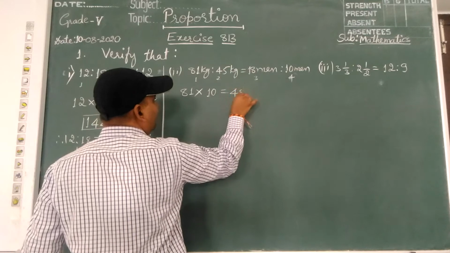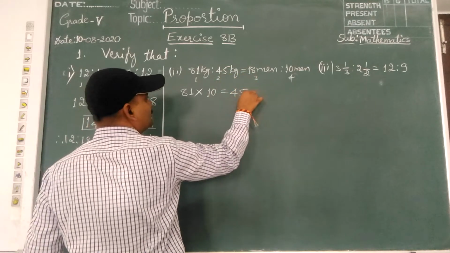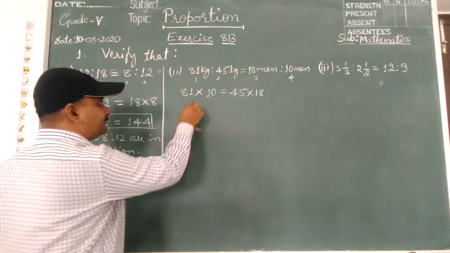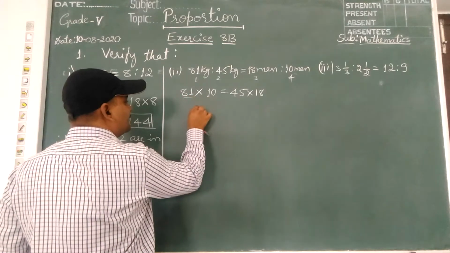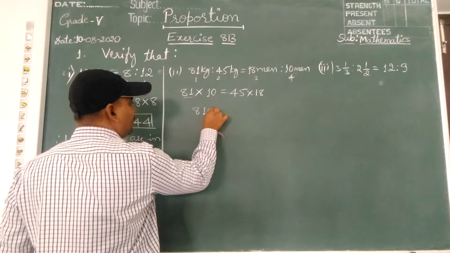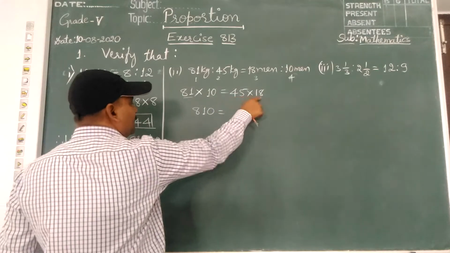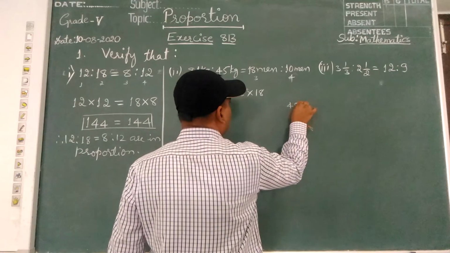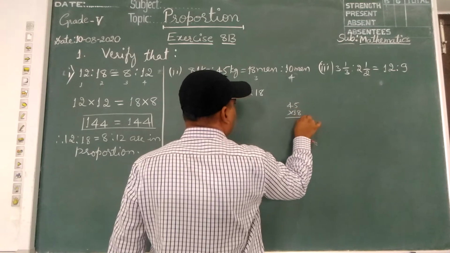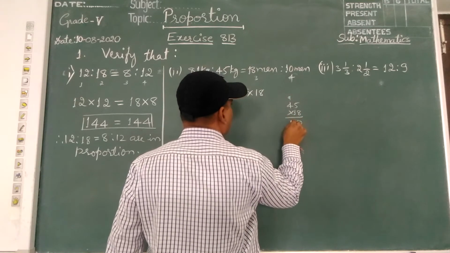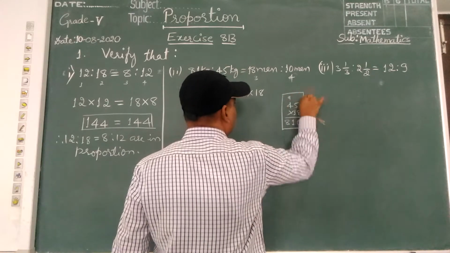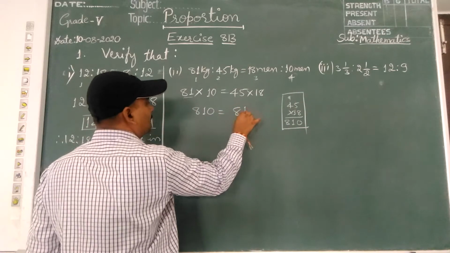Middle terms: 45 into 18. 81 ones are 81 and this 0, 810. 45 into 18, so this also is 810.